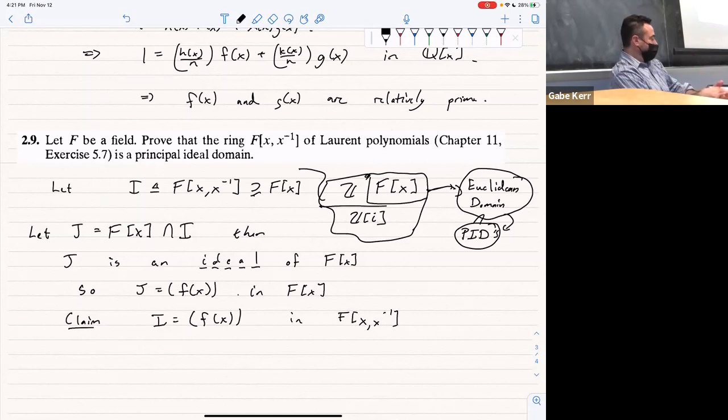So if h of x is in I, then x to some power times it is in I intersect F[x]. x to some power times it is a multiple of f of x. Once you have that, you can undo that multiplication, because you've got the Laurent polynomials. Make sense?